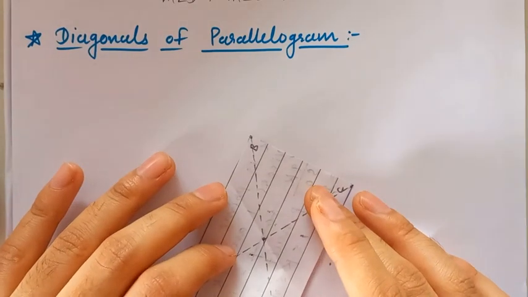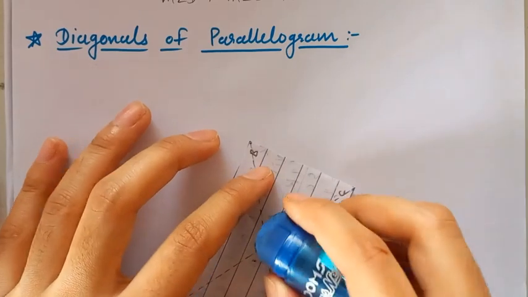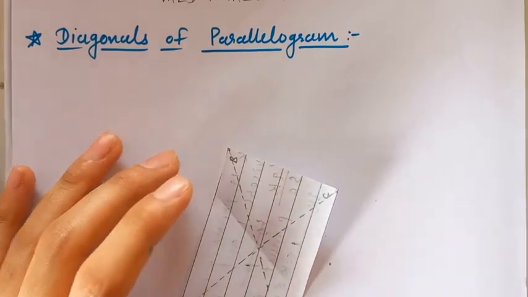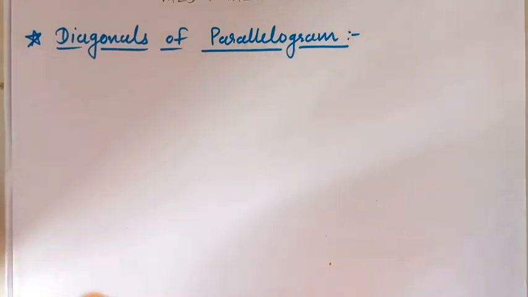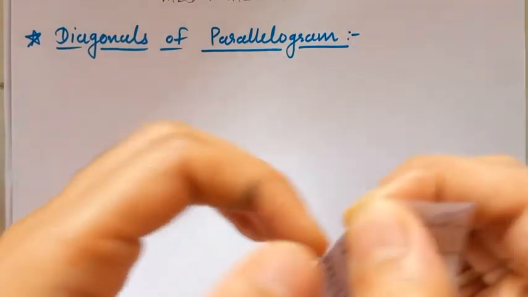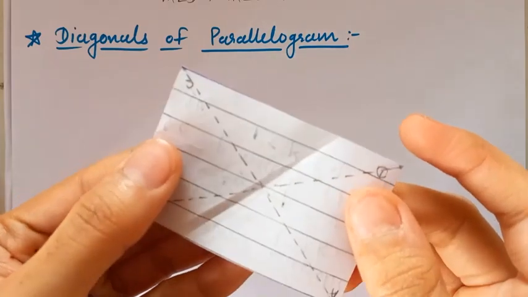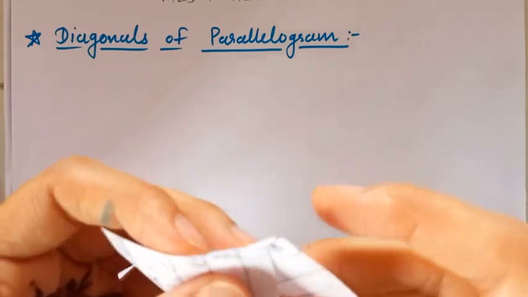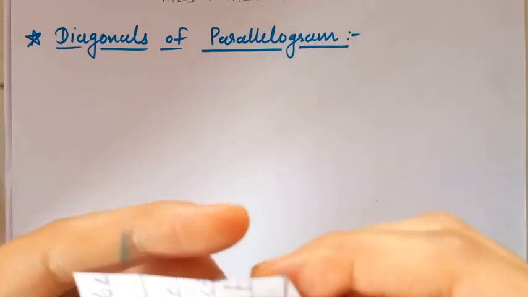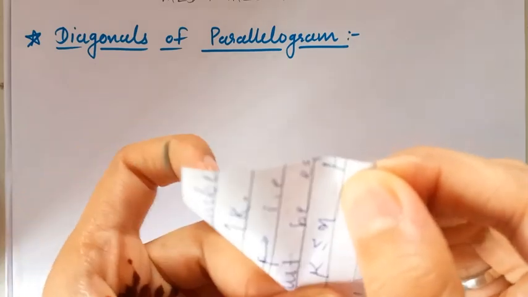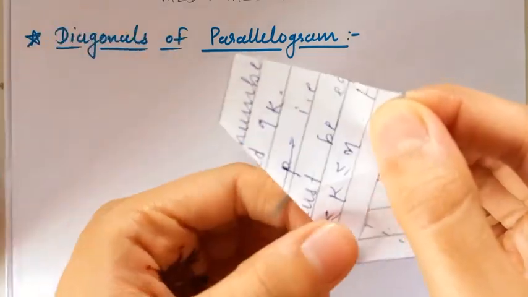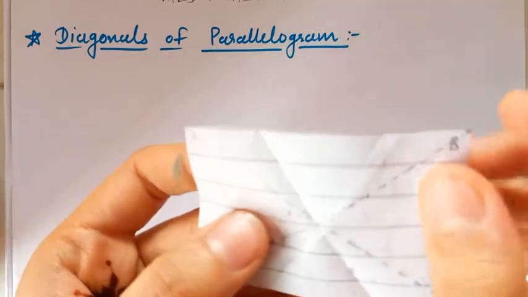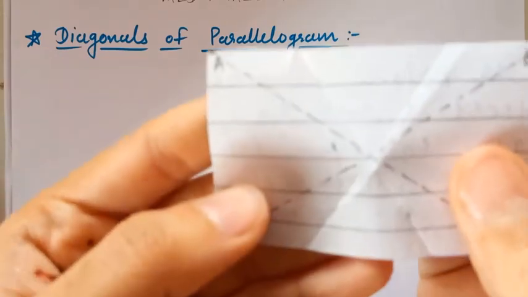Let's rub this point. This is one line. Let's bold this again. Now you have to place D on B. And see, these two lines are crossing each other.